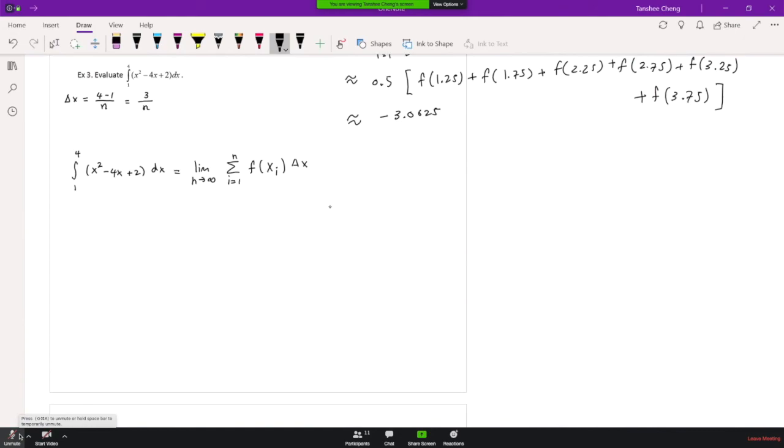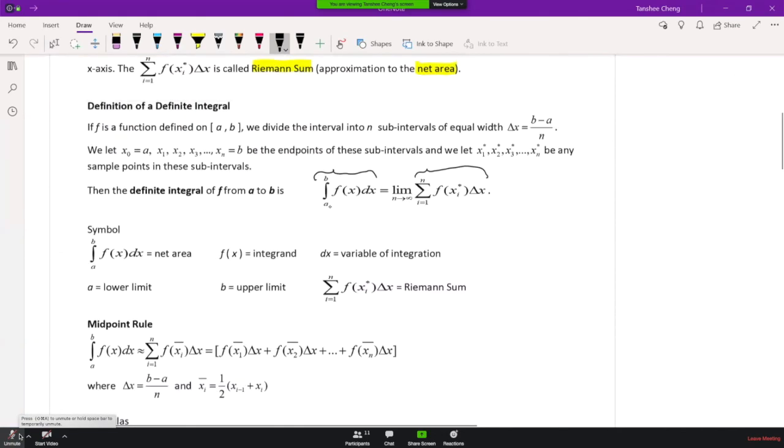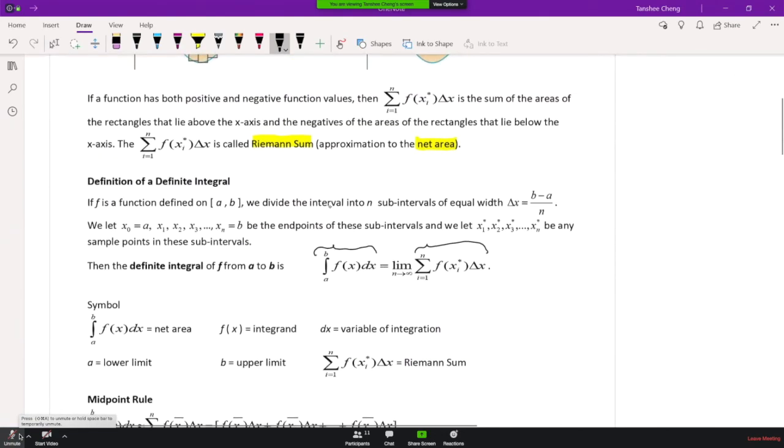In the formula I gave you, there is an x i with a star on it. Go back and look at this. See x i with a star on it. That is the sample point, that's what we call it.